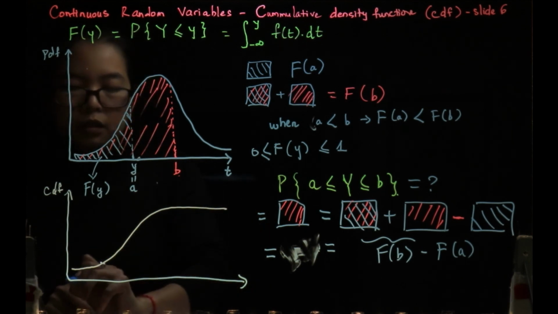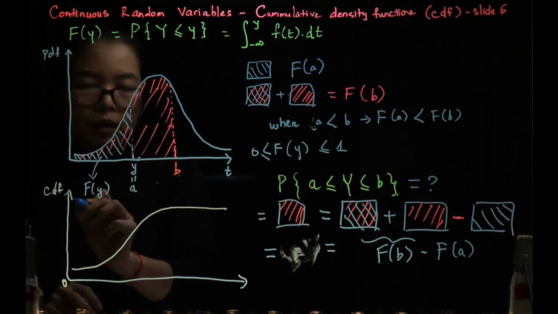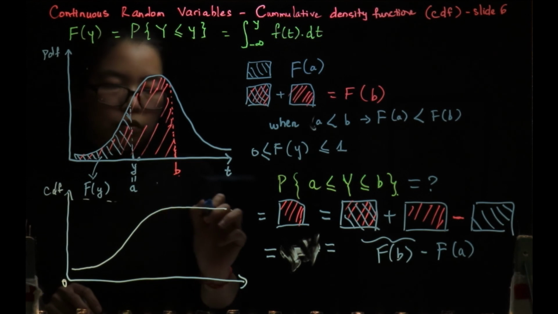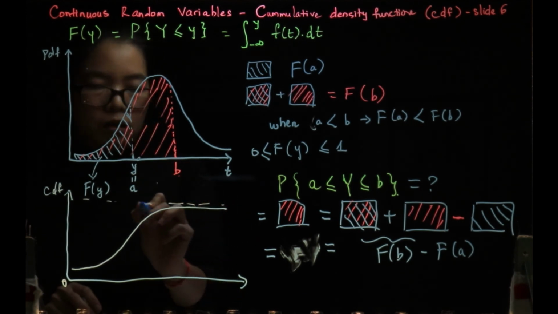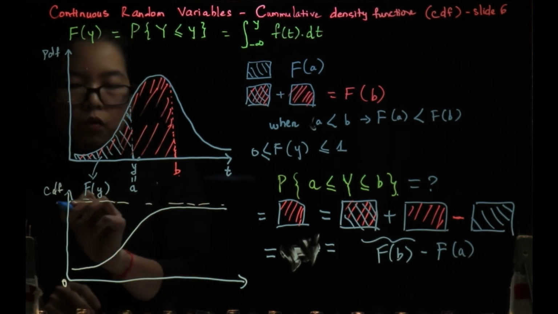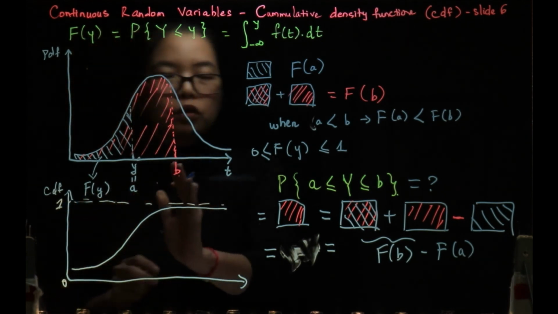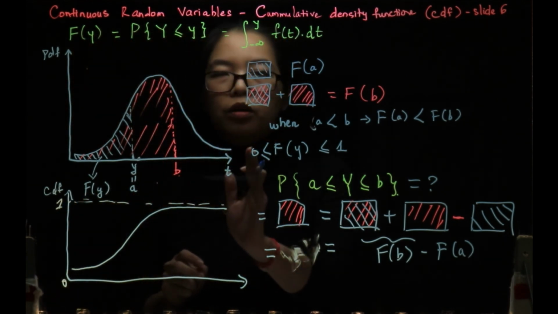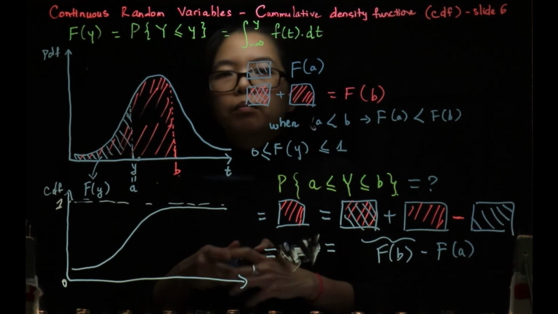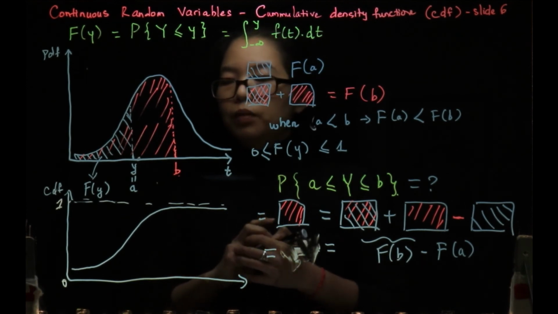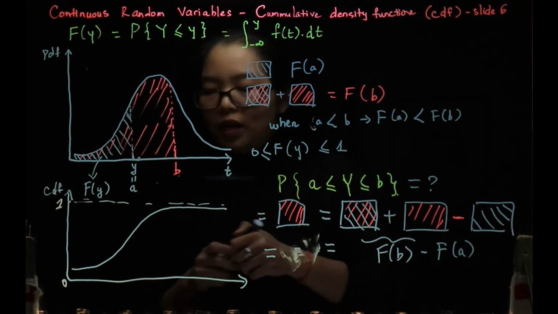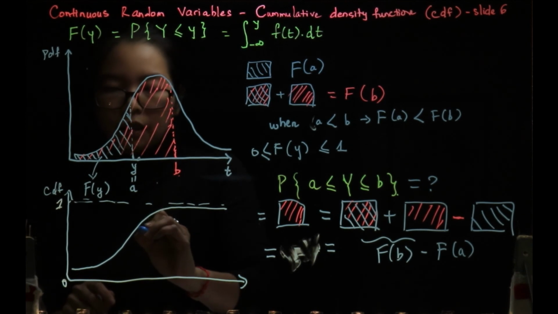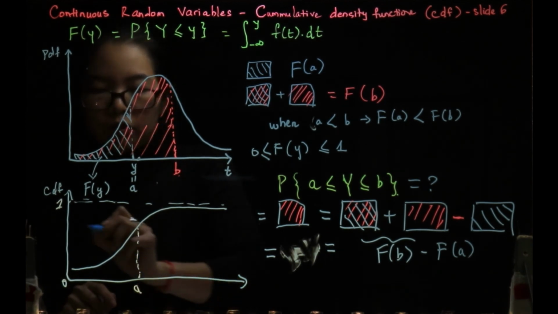So here is 0 now, and the further you go, the more it approaches 1, because at the end, if you integrate the whole area below the curve up to positive infinity, then it must be 1, right? And this is the value it takes for A, for example.